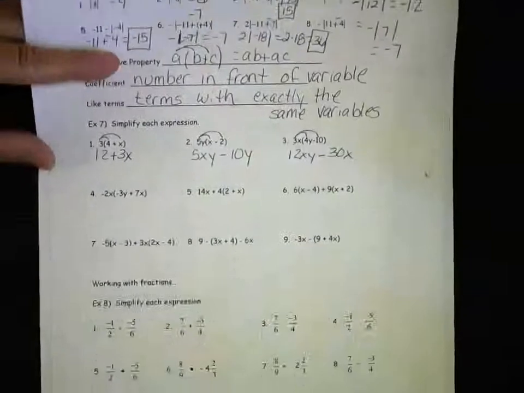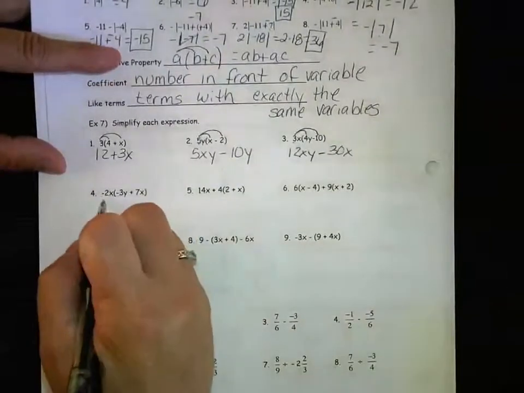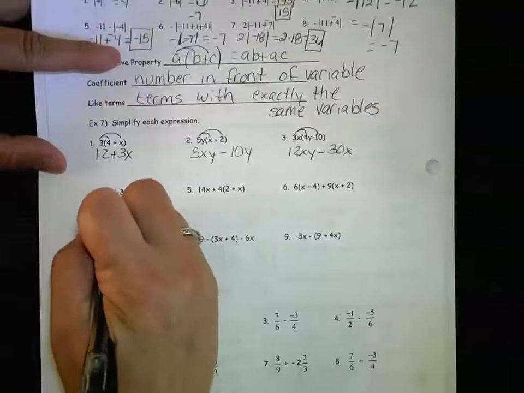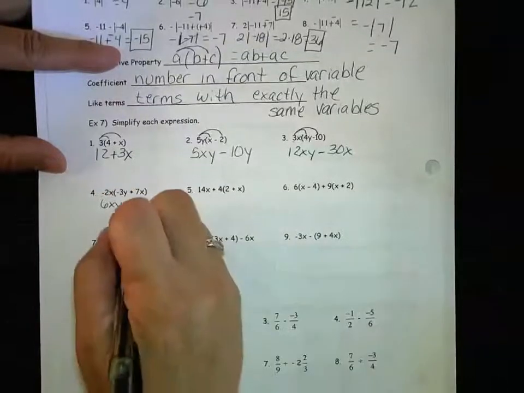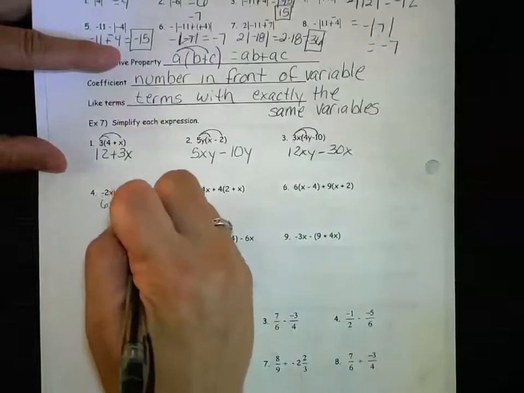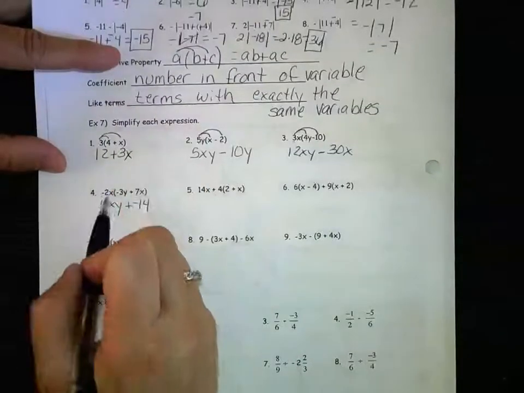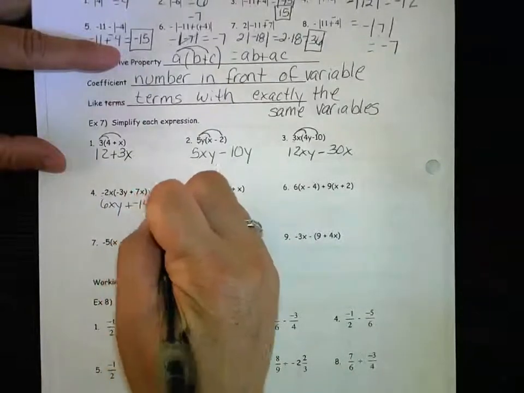Number 4, negative times a negative is a positive. 2 times 3 is 6, an x and a y. 7 times negative 2 is a negative 14. X times x is x squared.